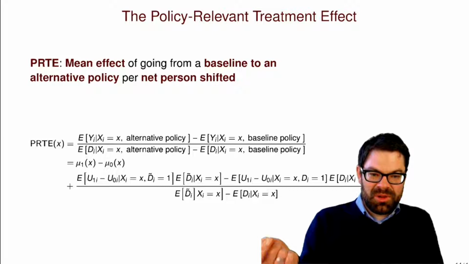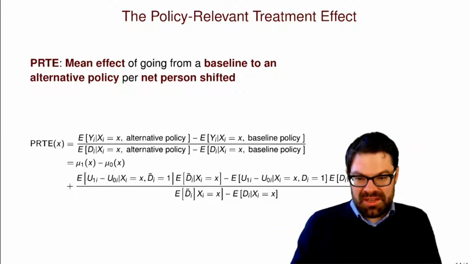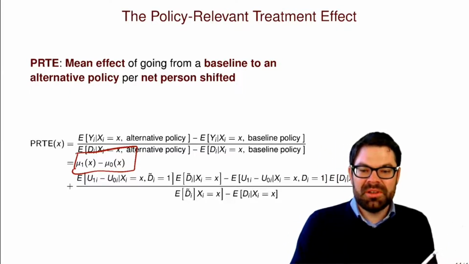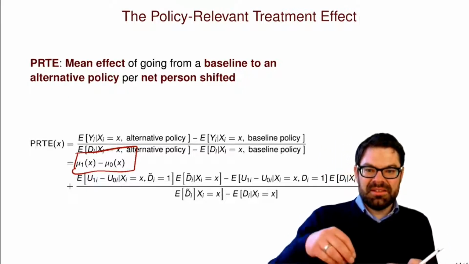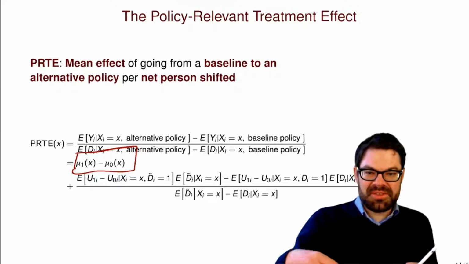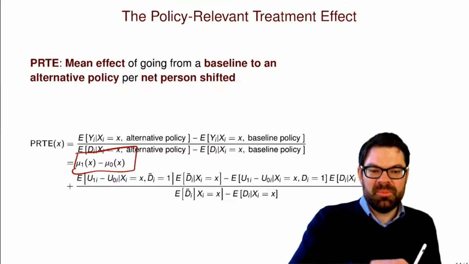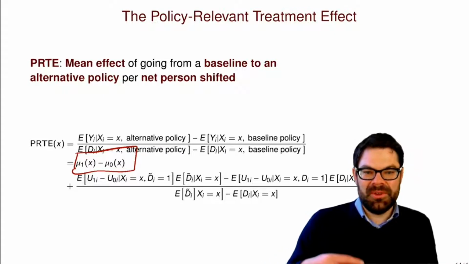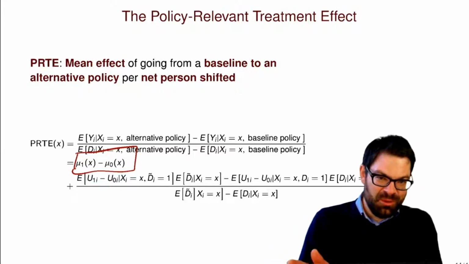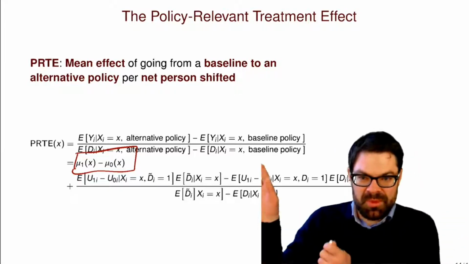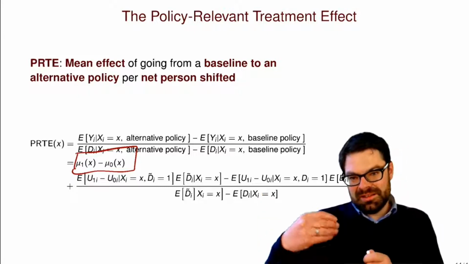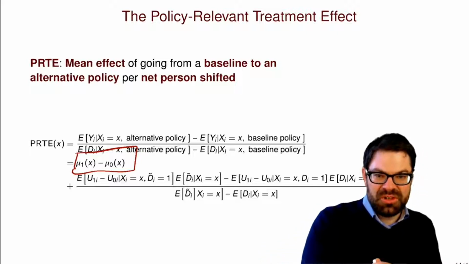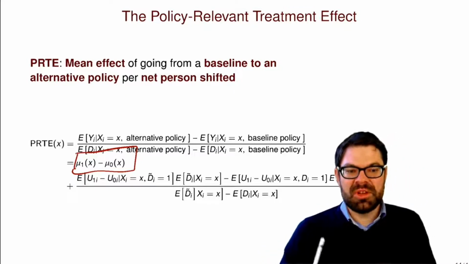And so what our policy relevant treatment effect measures again is the component that is common to everyone plus the gain or loss, as in the mean effect per net person shifted into or out of treatment by the policy. Okay, so if it's monotonic, so that it only shifts people into treatment or only shifts people out of treatment, then it's simply the mean gain for every person who has been shifted into the treatment or who has been shifted out of the treatment by that policy.